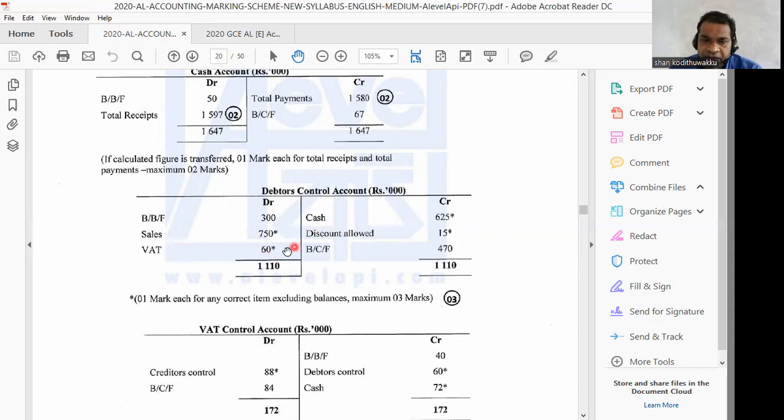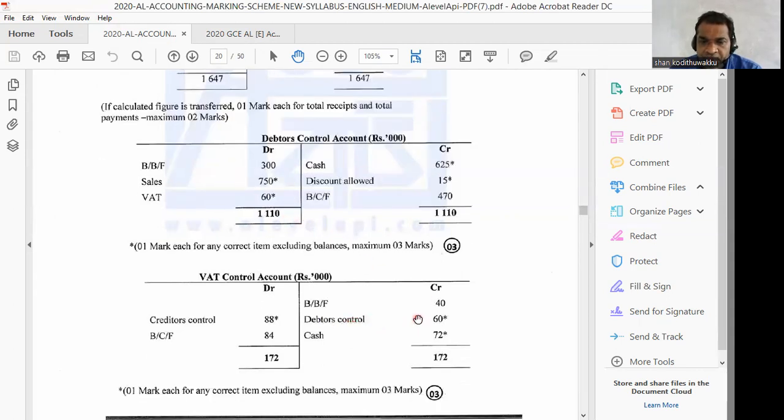Therefore, 60 we can credit to the VAT control account here. Debtors control saying 60,000. Here all the values are in 1,000 rupees, we can indicate in each and every account the rupee symbol and 3 zeros, comma. Then debtors control 60. Right. And if you prepare the sales account we can credit 750. Right.